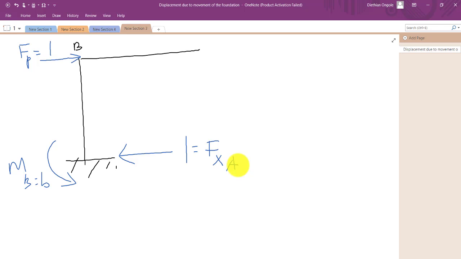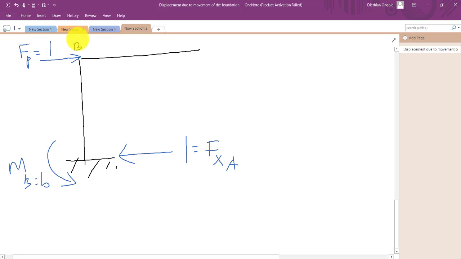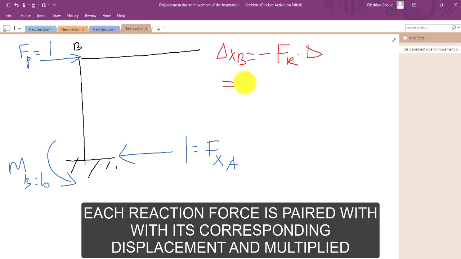So after we've done this, we say that the next step is now to calculate our displacement. So our displacement delta XB will be equal to negative of the summation of the reaction forces times the displacements delta. So here in this case our displacement would be equal to our reactions. So we have a negative, then for the sake of our reactions we only have two.